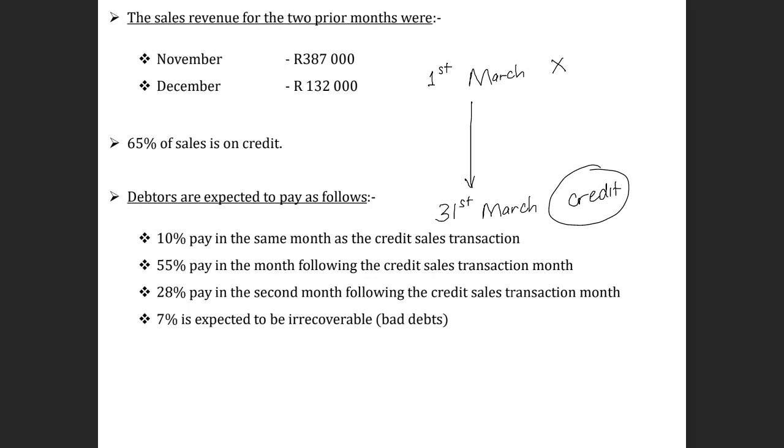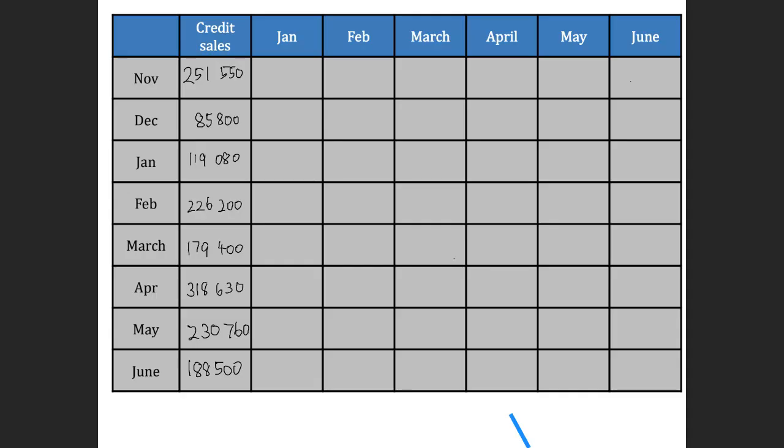So here it's 10% in the same month, 55% a month after that, 28% 2 months after that, and we disregard your bad debts. So here, if the sale took place in the month of November, and we're obviously starting off with November because that's the first month in our schedule. So let's look at that.